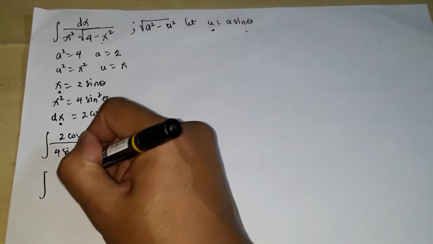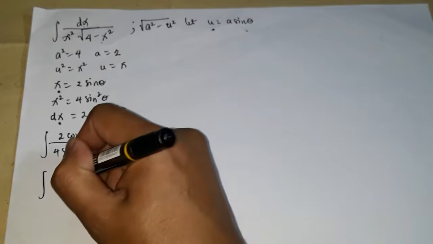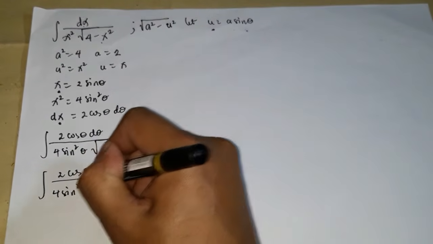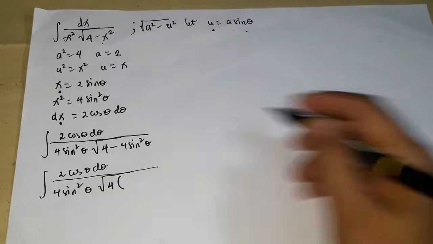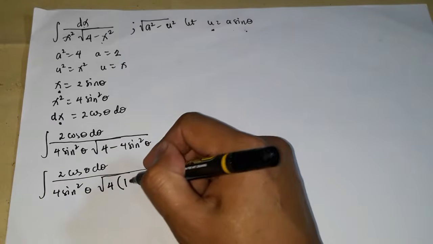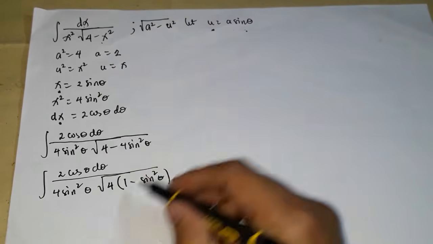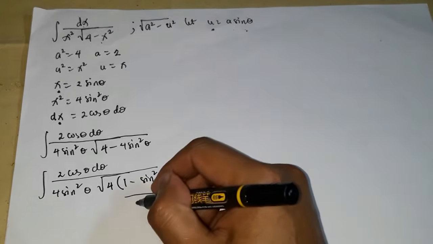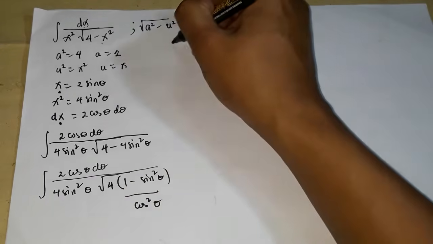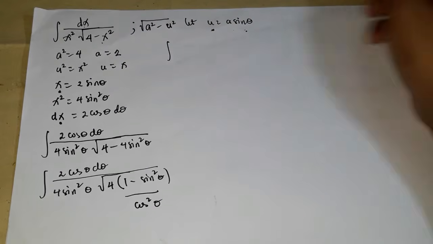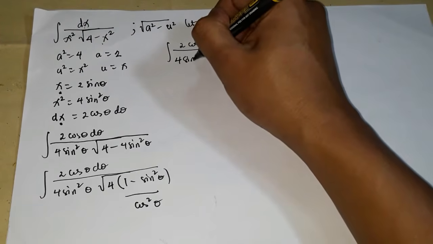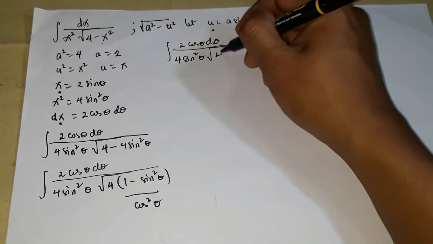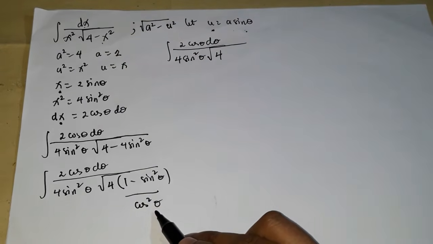Then, simplifying this trigonometrically, we have 2 cosine theta d theta all over 4 sine squared theta times the square root of, where we factor out 4 by common monomial factor, and this will now become 1 minus sine squared theta. And do not forget that 1 minus sine squared theta is your cosine squared theta. So we have the integral of 2 cosine theta d theta all over 4 sine squared theta, and then the square root of 4 times cosine squared theta.